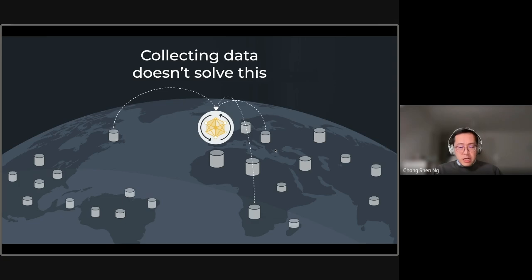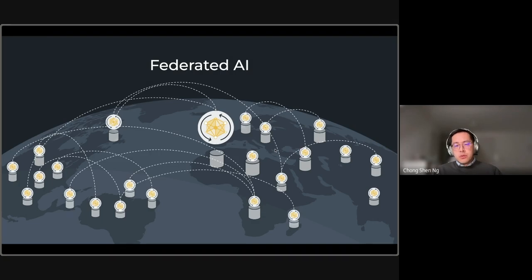If you try to collect the data, it doesn't quite solve the problem, because there is a lot of cost and challenges surrounding this. One option to solve this is the federated AI approach, where the compute itself is pushed to the location of the data source. I'll dive into that a little bit more.